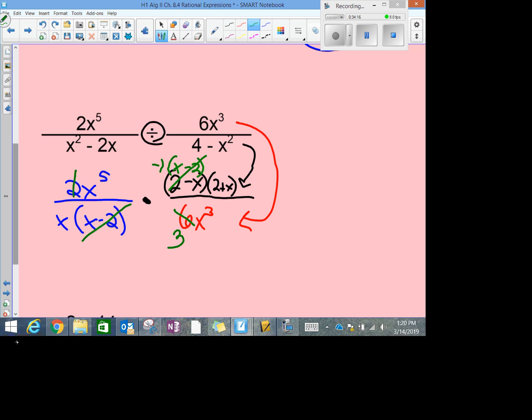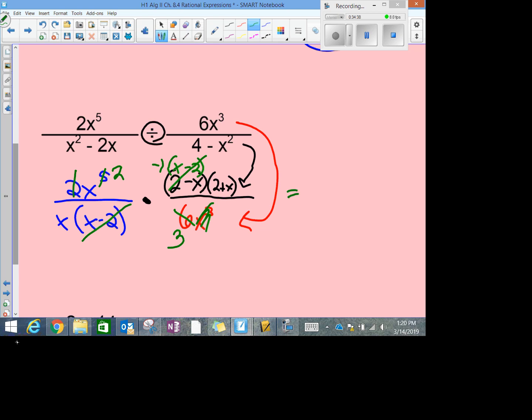Very good. What about all the single x's? Right, so this can go to x squared, and this goes away. But now, what about this x? Well, it'll stay for now.